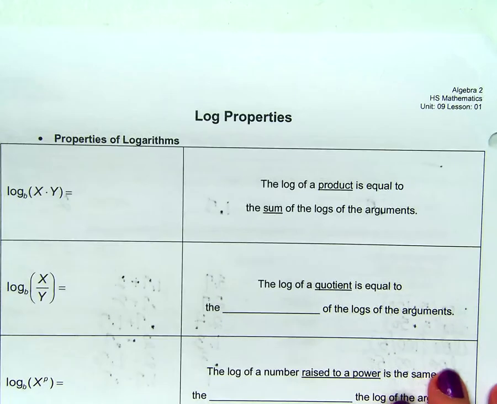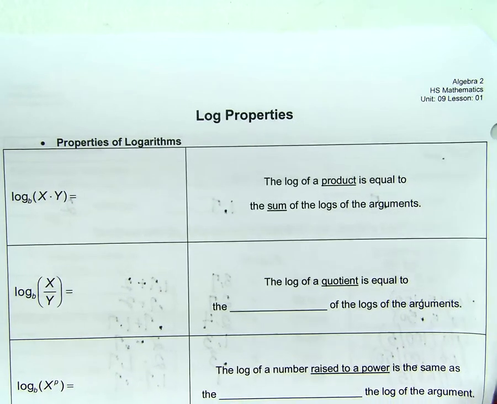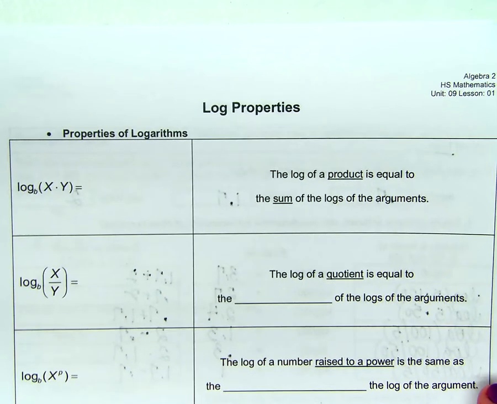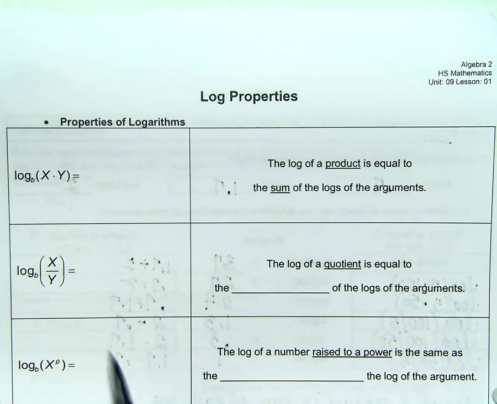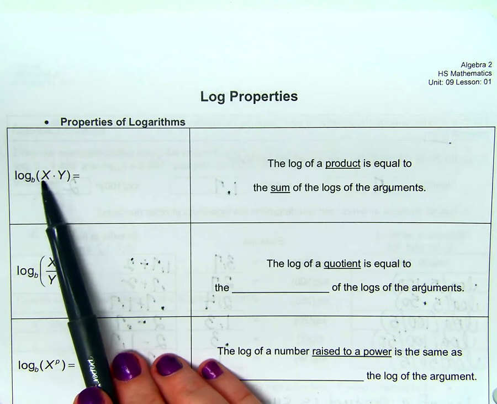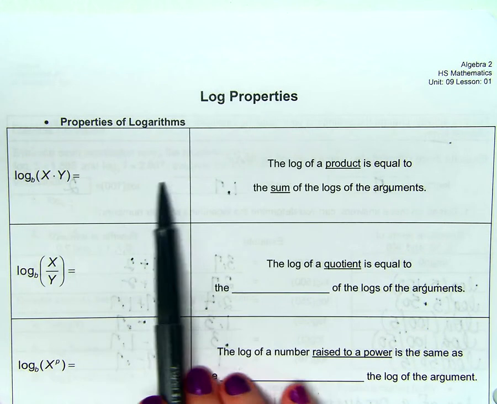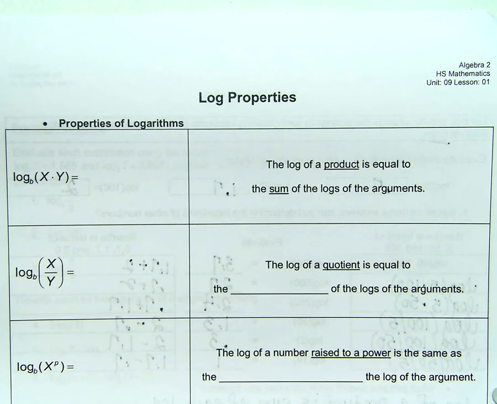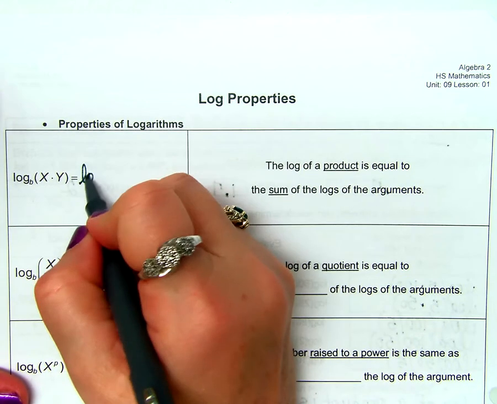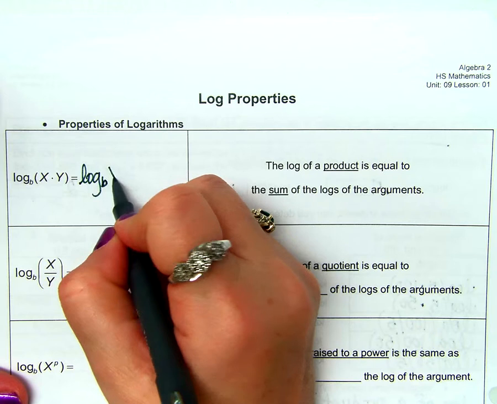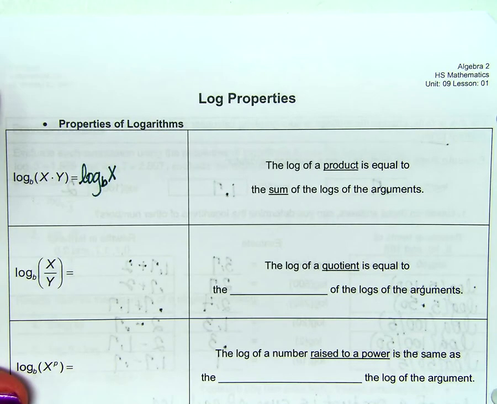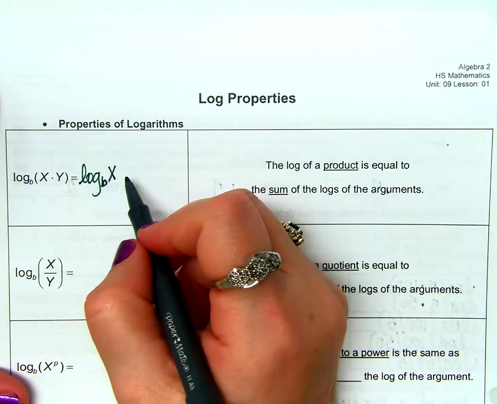So now let's talk about the actual properties, what the actual math stuff looks like. If it says log base b of x times y, how can we rewrite this? Log base b of x, what'd we do?